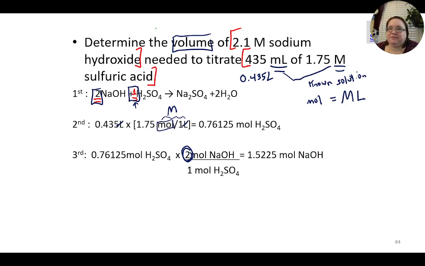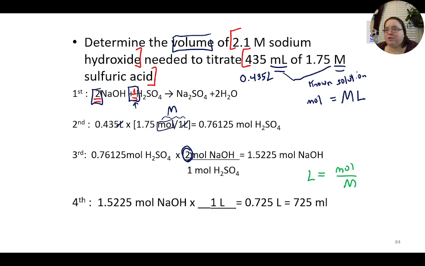It did not specify whether it was liters or milliliters. So for this particular problem, I would have to accept both. So my volume, liters, equals moles over molarity.